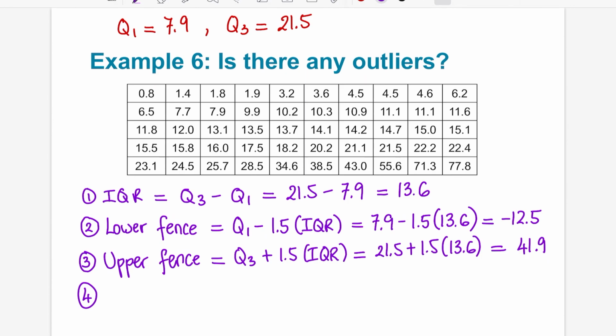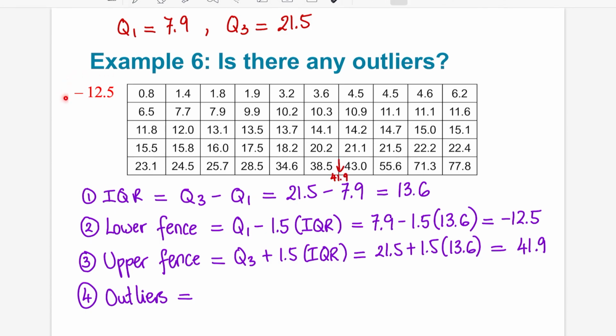Last step, I am going to identify my outliers. I am going to use these two numbers. So first I need to place these two numbers in the order of my data values. Negative 12.5, if I want to place the number on here, it should be before 0.8. 41.9, if I want to place it on here, it should be right here in between 38.5 and 43.